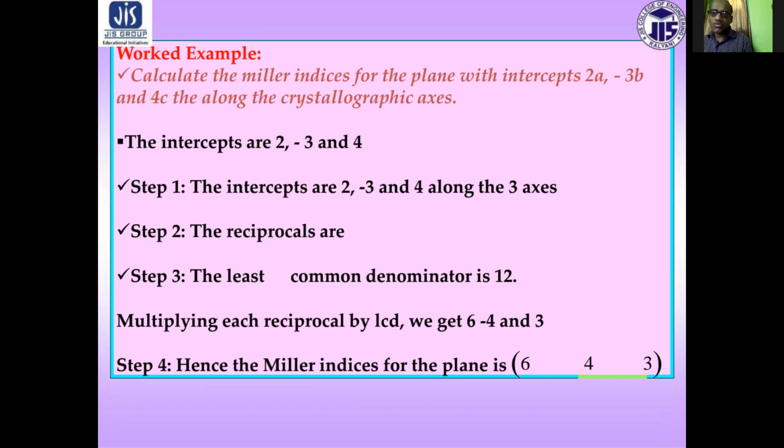The least common denominator of 2, 3 and 4 will be 12. Then multiplying each reciprocal by the LCD, the lowest common denominator, we will get 6, minus 4 and 3. And hence the Miller indices of this plane will be 6, minus 4 and 3.